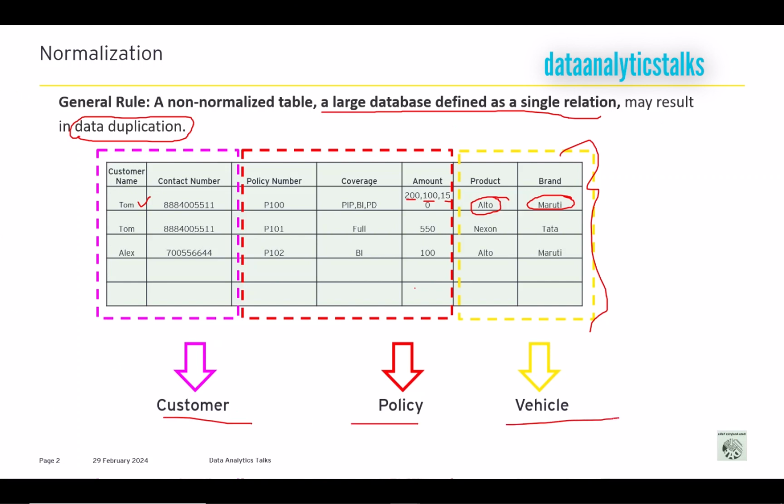So this large database defined as a single relation can be split into multiple tables, right? That's what you need to understand first. Before you start your normalization, you will identify various things. Okay, let's continue.